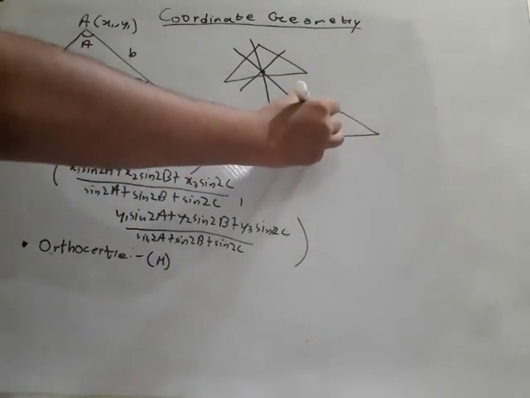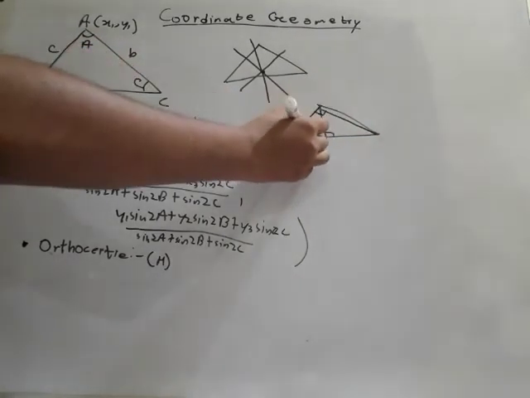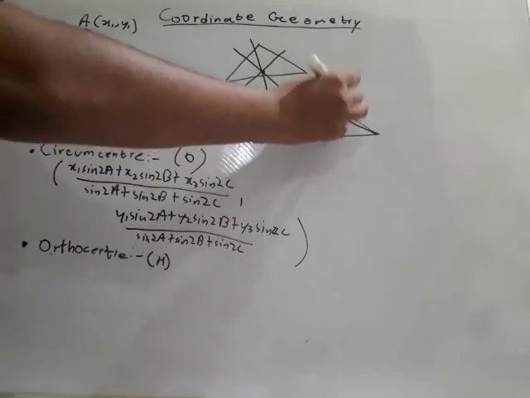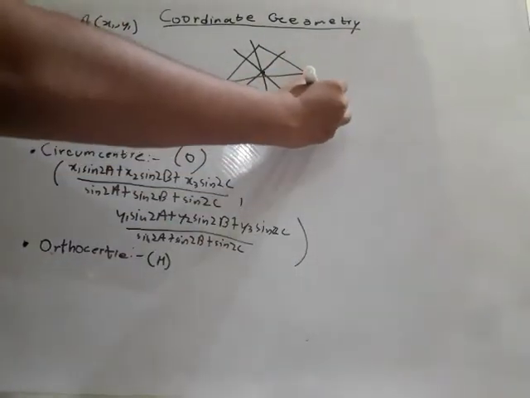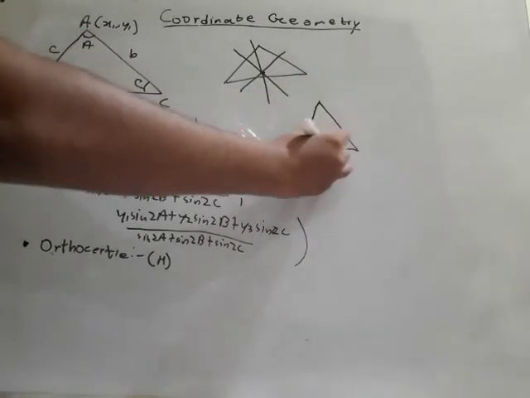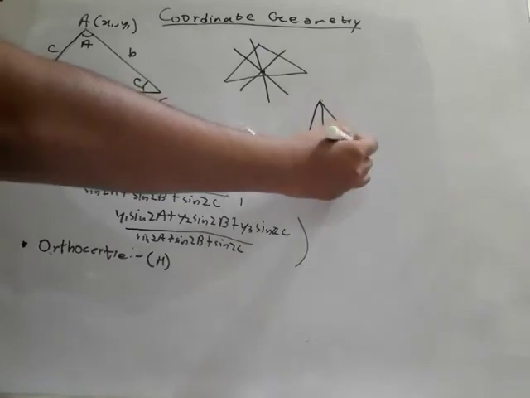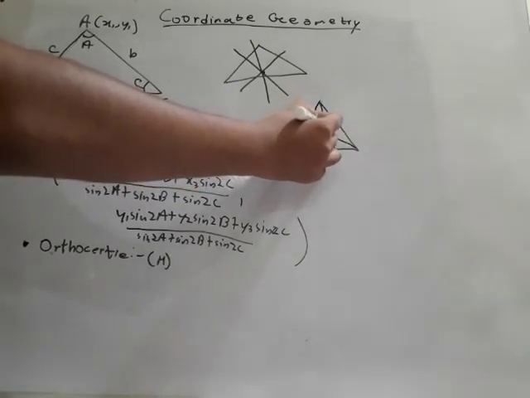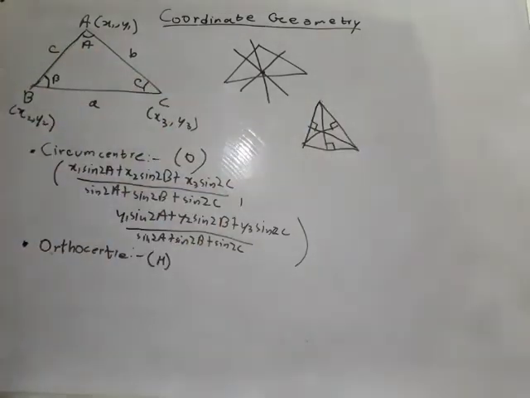This one, this one, and this one. Not a correct drawing, I will draw it again. This and this. These are the altitudes of the corresponding sides. So the point of intersection of altitudes will be the orthocenter.